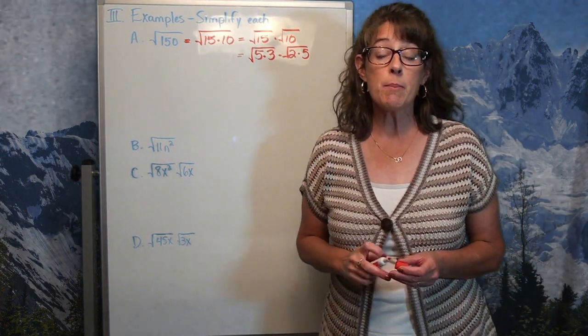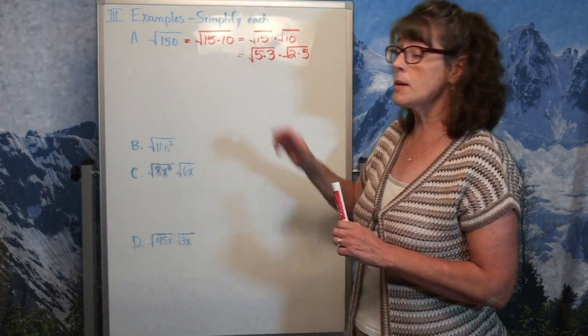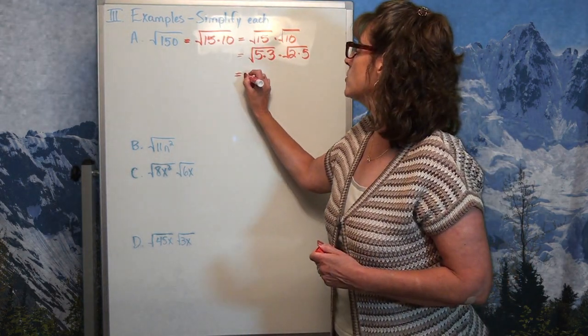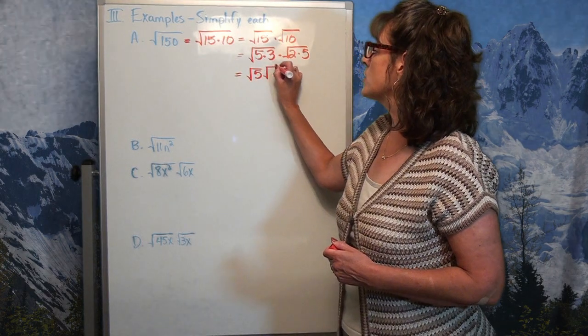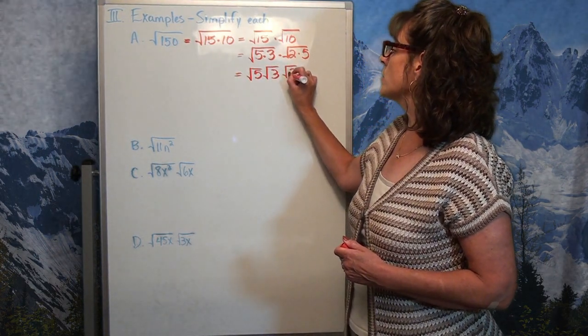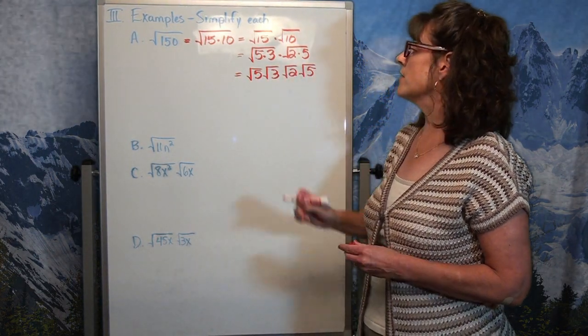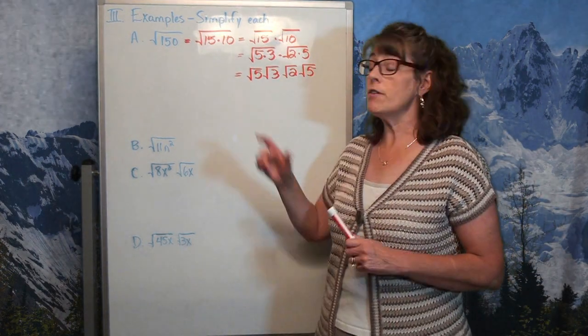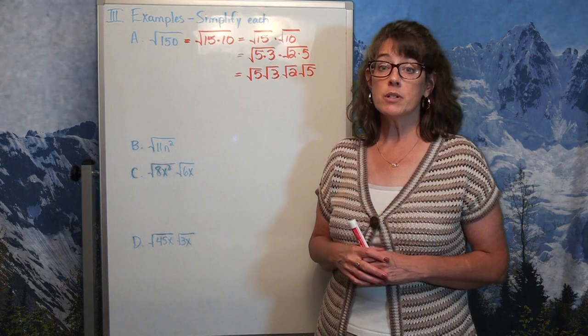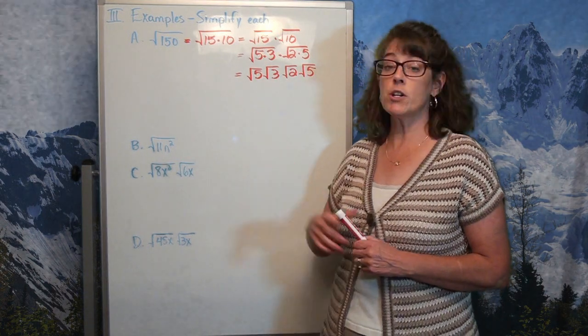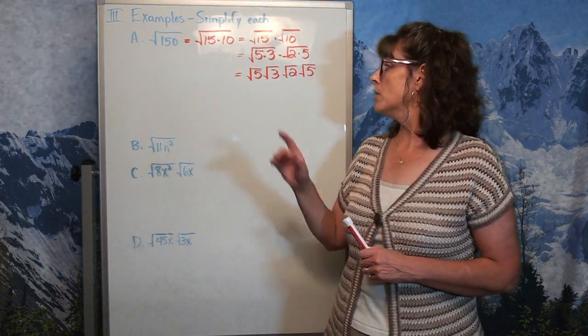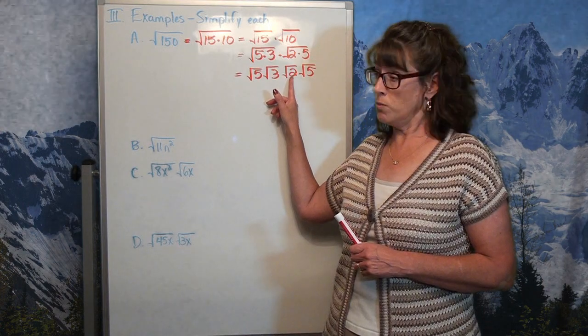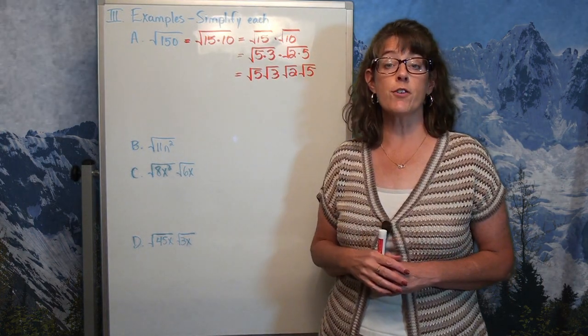And so now my product rule says, okay, I can separate this out. And I can do square root of 5 times square root of 3 times square root of 2 times square root of 5. Now, can you think of a number that you can multiply by itself to create a 5? No. A 3? No. 2? No. And we've already established not for a 5.